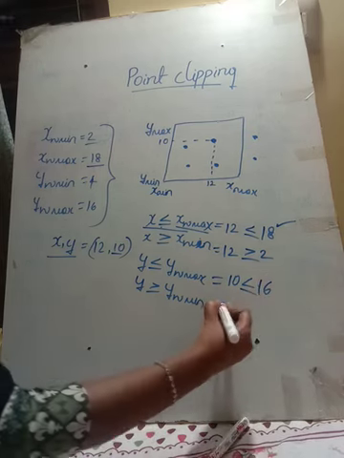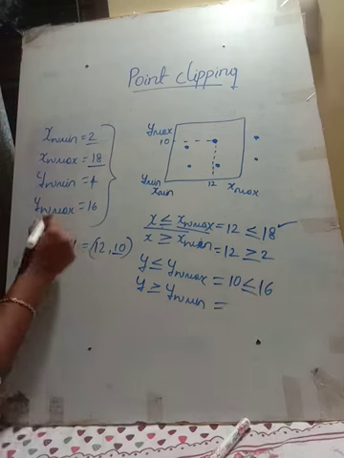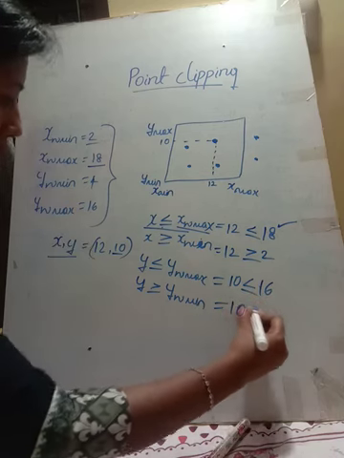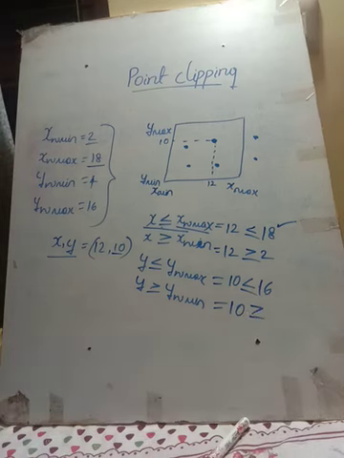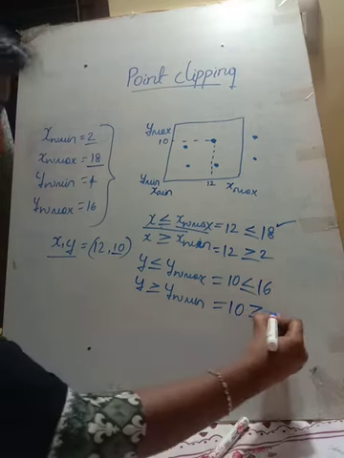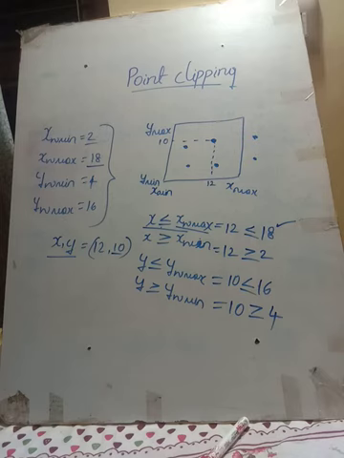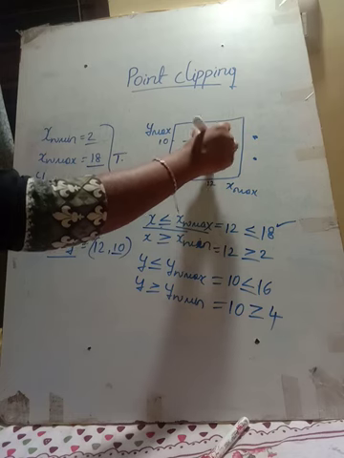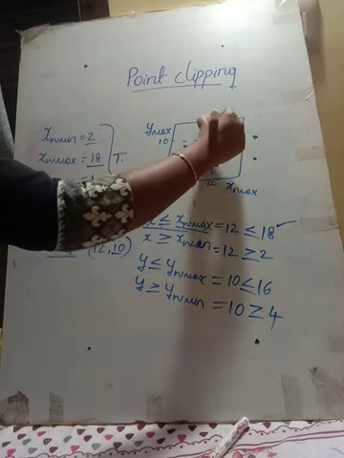So 10 is less than or equal to 16. Before that, 10 is greater than or equal to yw min. What is yw min? 4. 10 is greater than 4. Because all conditions are true, we can consider this point within the boundary. We can accept this.